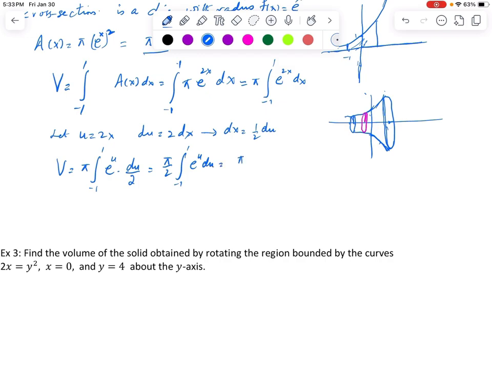Now the integral of e to the u will be e to the u. So pi over 2, we are taking the integral now, e to the u gives me e to the u, and then I will change it back to x. Now I will put in the limits. Pi over 2 stays outside. Apply the upper and lower limits, so I get e to the 2 minus e to the -2, and that is your answer.